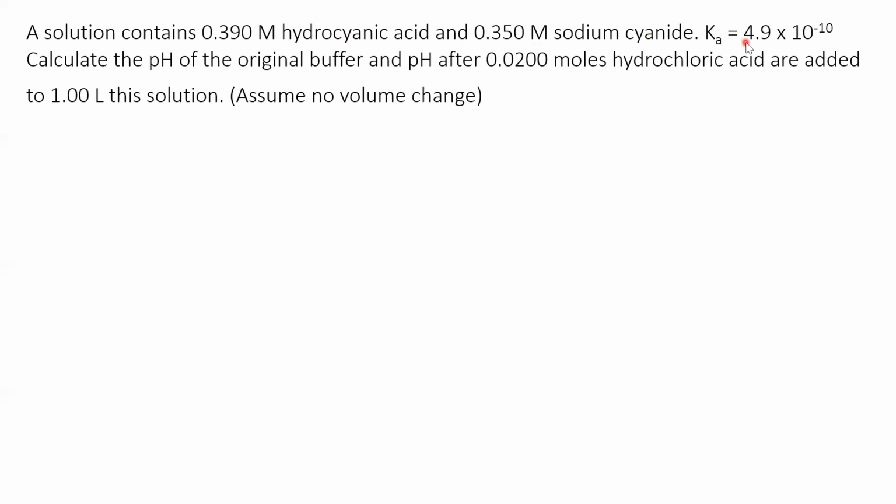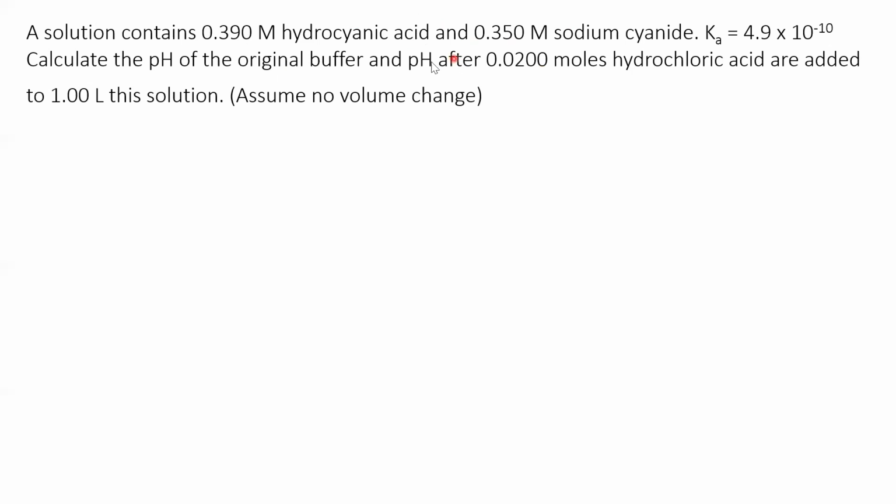It gives me the Ka for hydrocyanic acid is 4.9 times 10 to the minus 10. I want to first calculate the pH of this buffer solution. Then I'm going to add some concentrated hydrochloric acid to it. How is that going to affect the pH of the solution?